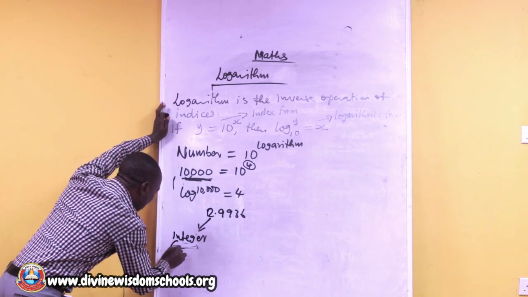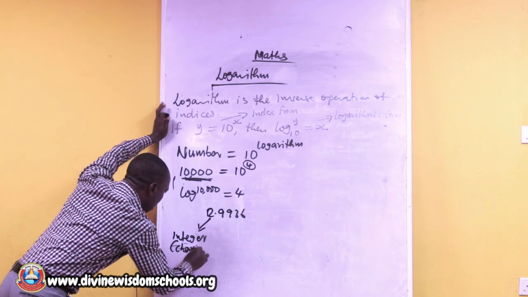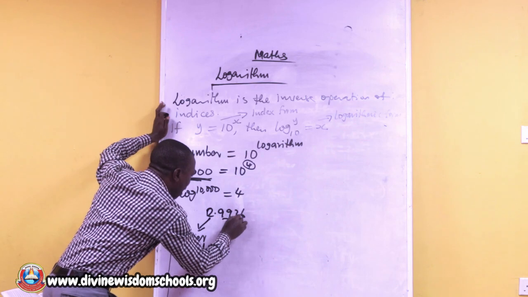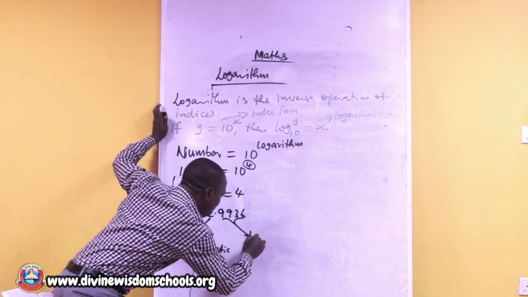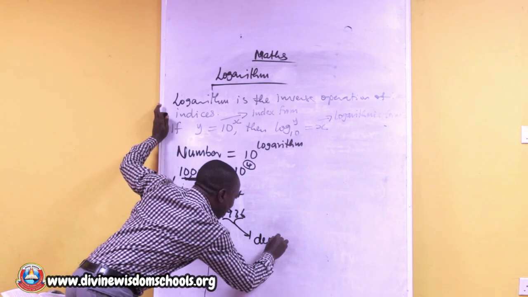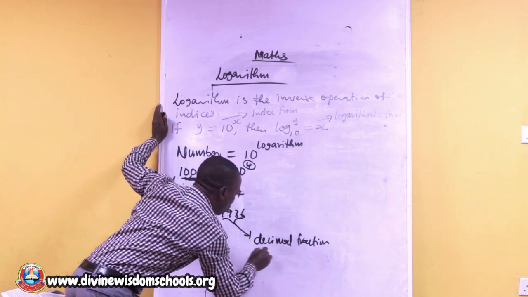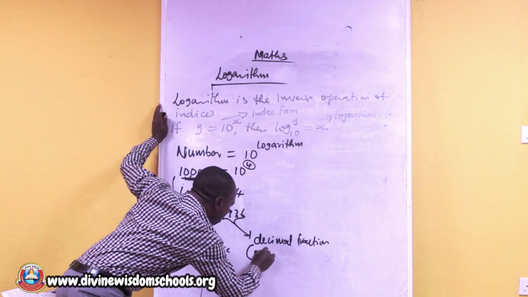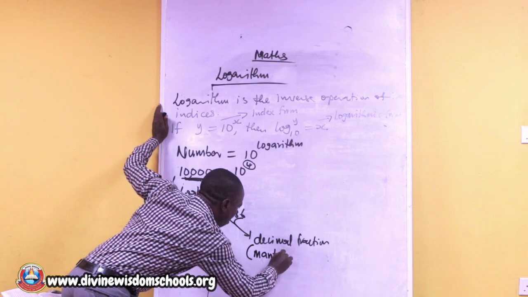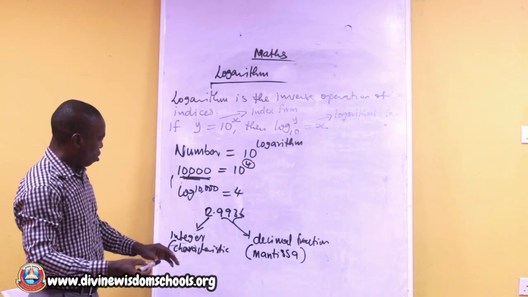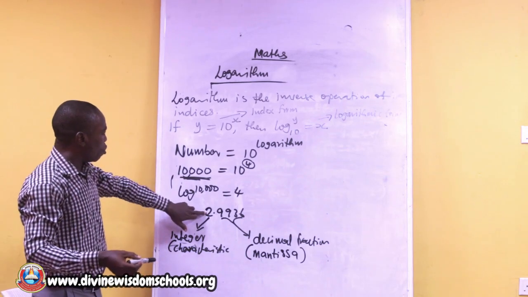You can also call it the characteristic. The decimal part here is called the decimal part, or decimal fraction, or if you like, you can also refer to it as the mantissa. So these are the two parts of the logarithm of a number.